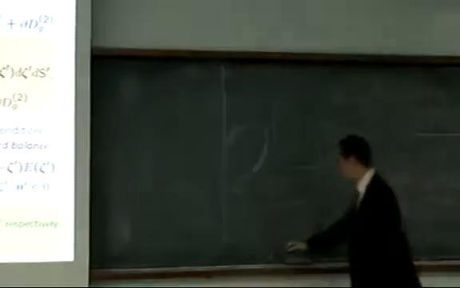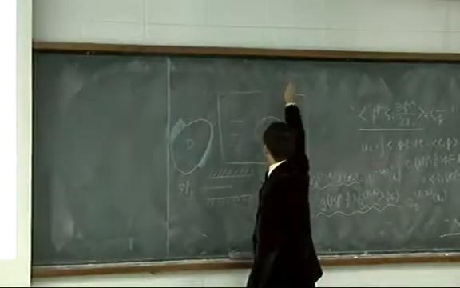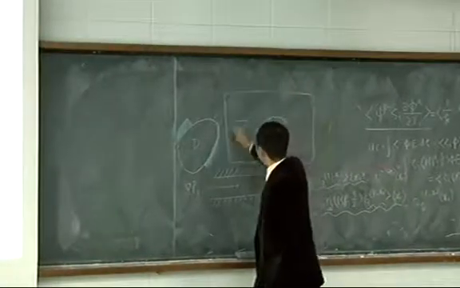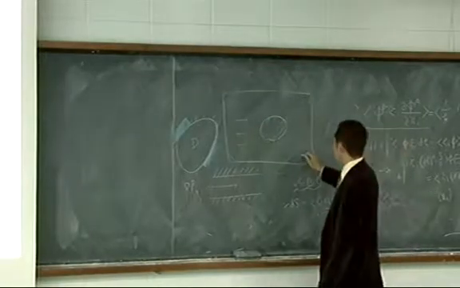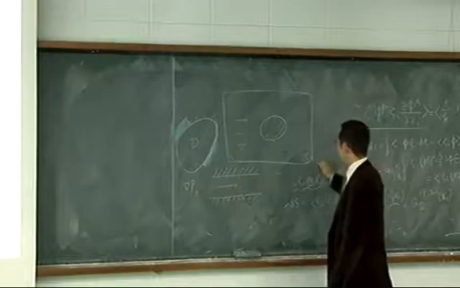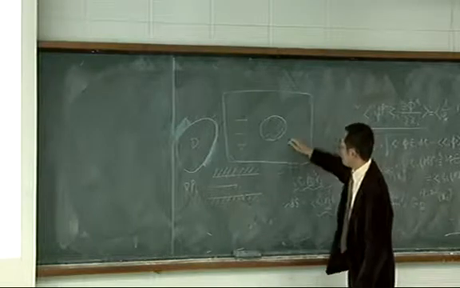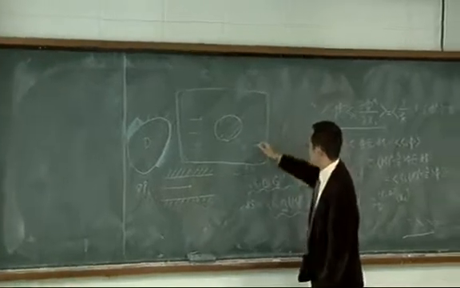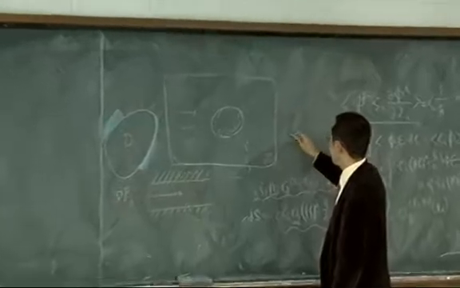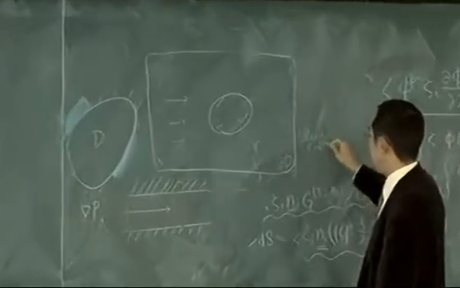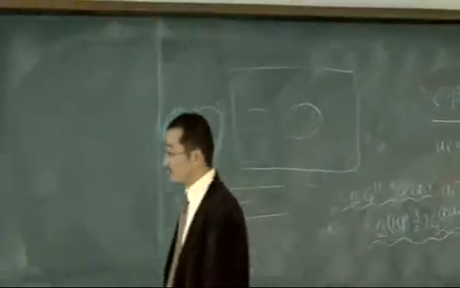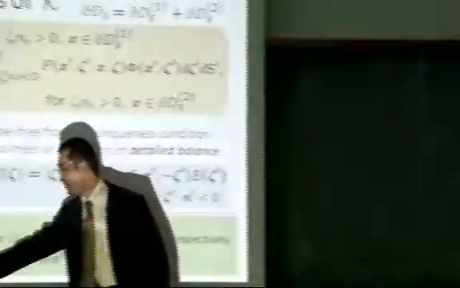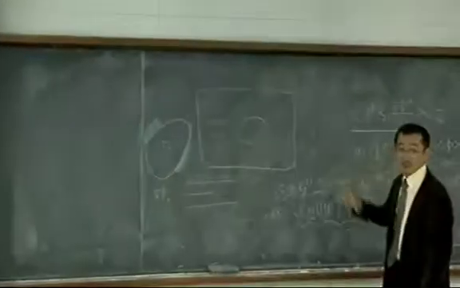For this case, you first consider some control surface dg, and then you take the limit of r tends to infinity. So this dg also includes taking the limit of this one.